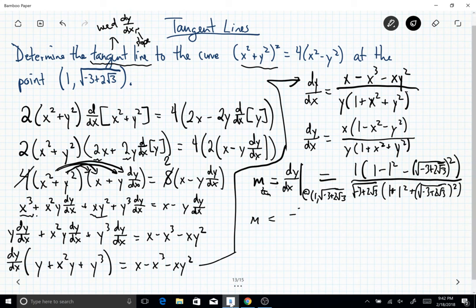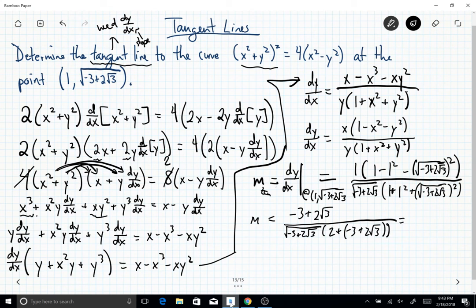The square makes our life a little bit easier. You get negative 3 plus 2 root 3 all over, notice you have a square root of negative 3 plus 2 root 3 down below, and then a 2 plus, and then when we square that bit, we'll get negative 3 plus 2 root 3.